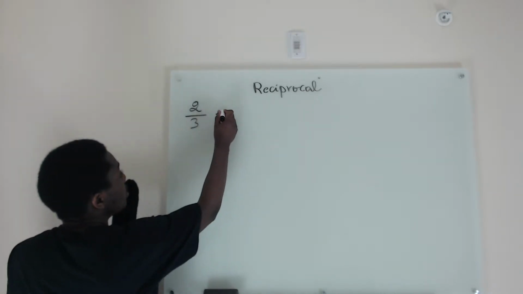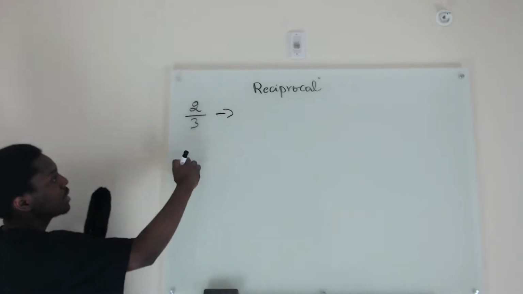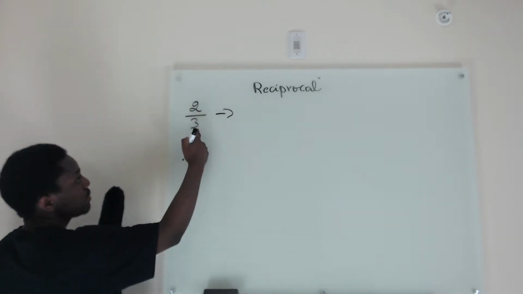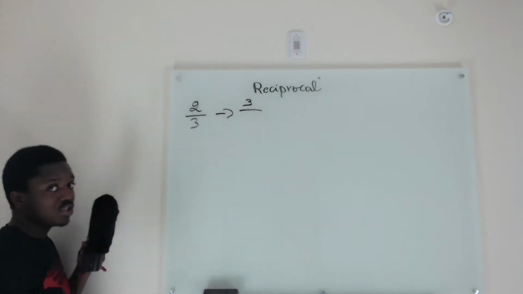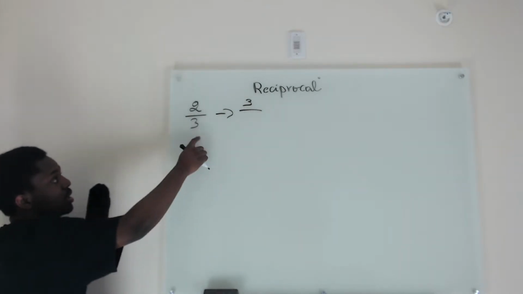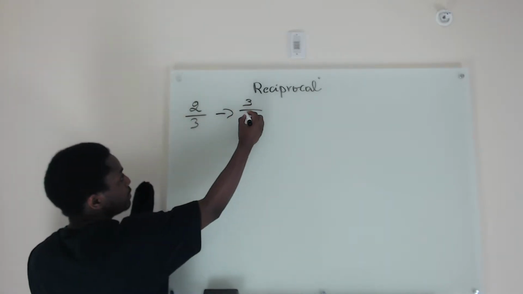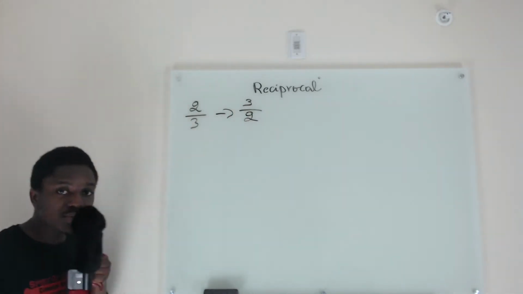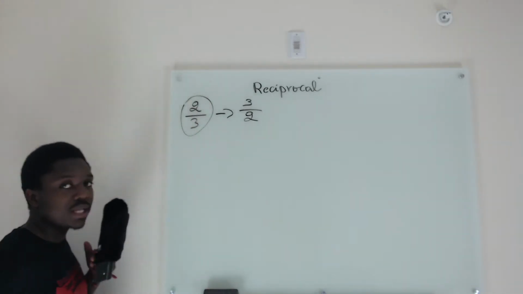So the reciprocal of 2 over 3 is what? The flip. So basically you take 3, you put it on the top, and you put the division bar. You take this 3, you put it on the top, and you take this 2, you put it on the bottom. So that's it. So this is the reciprocal of this fraction right here.